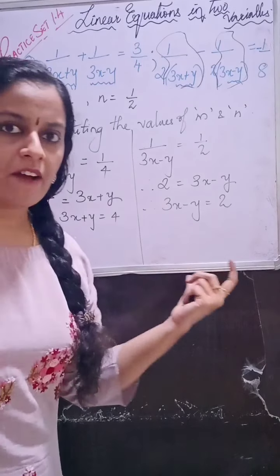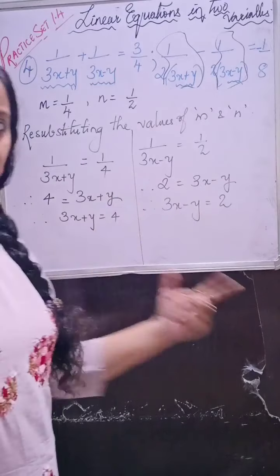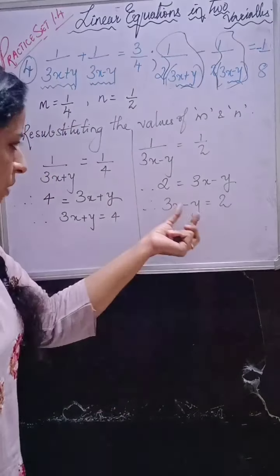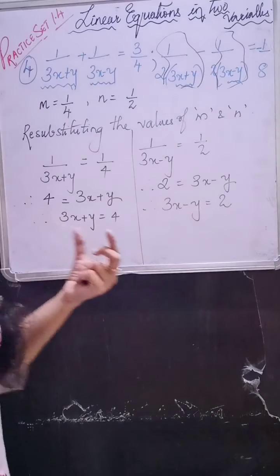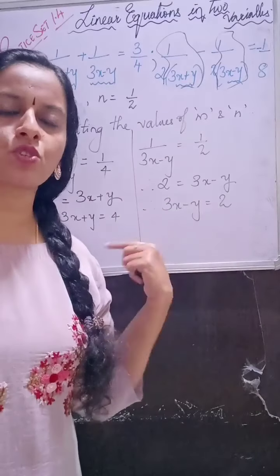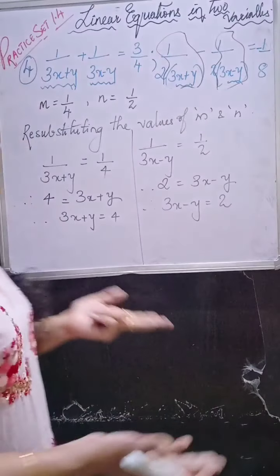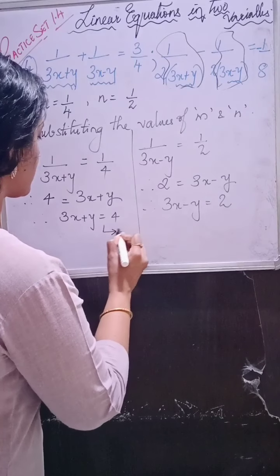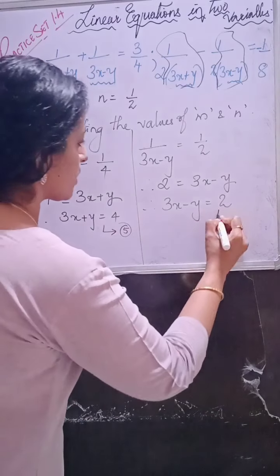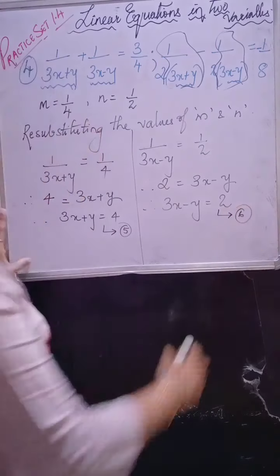Now, we have again 2 more equations, but we are not scared. One is minus y and plus y. So, we can easily add these two equations and get the value of x. This equation I will give as number 5 and this equation I will give as number 6.